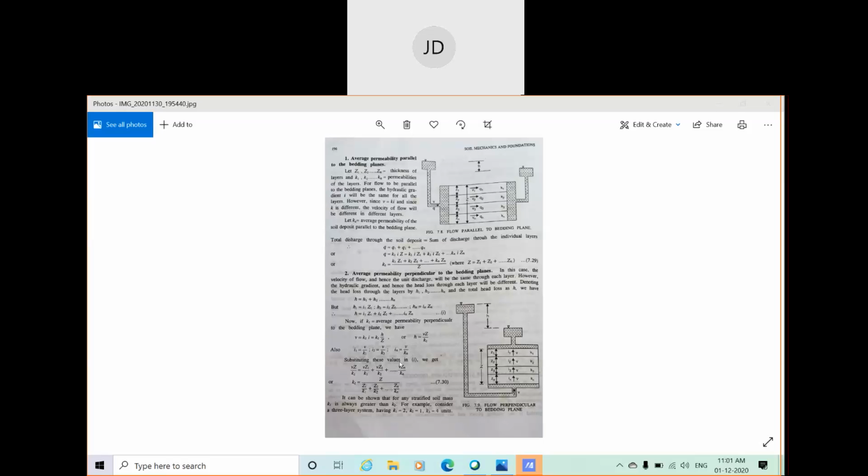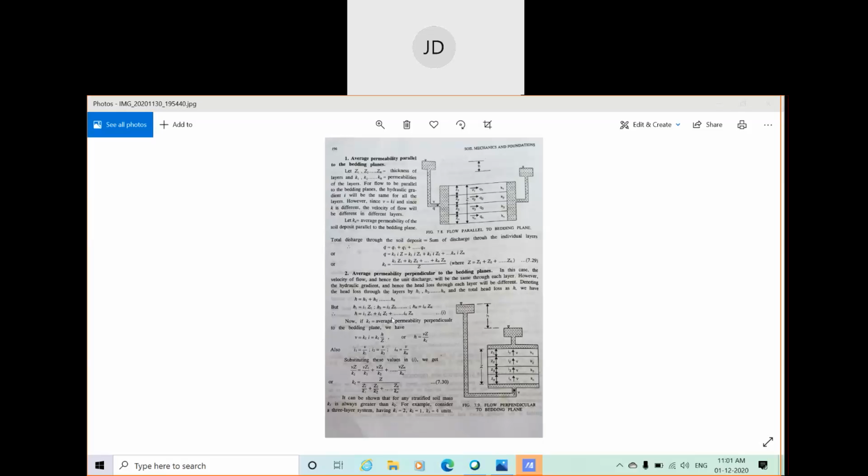So substituting all these values in equation 1, in place of H you can write V into Z by Kz. In place of I1 you can write V by K1, multiplied by K1 Z1.